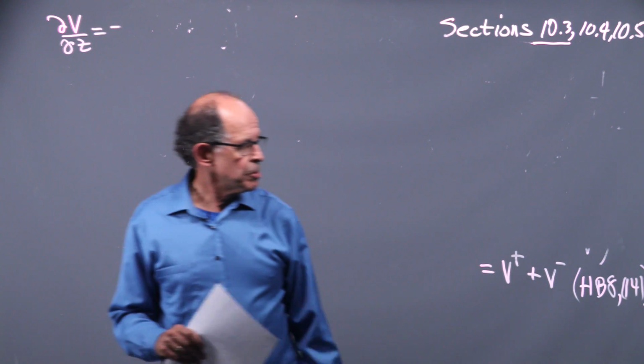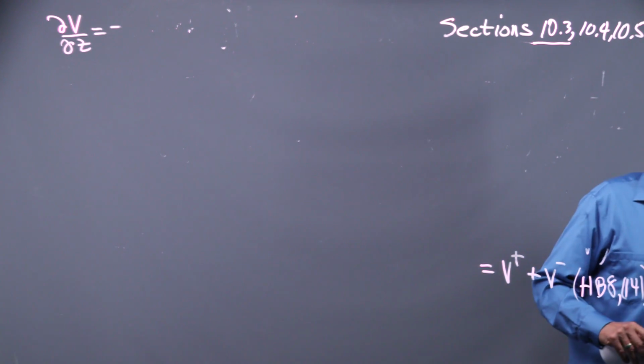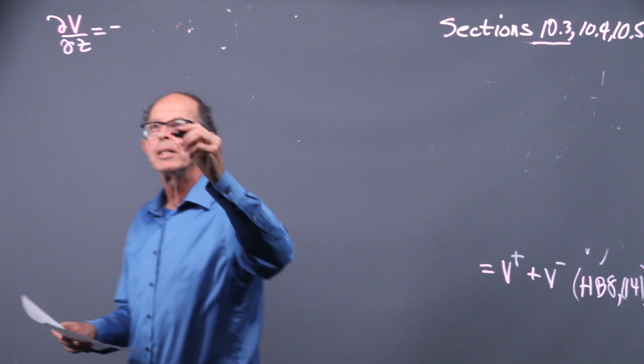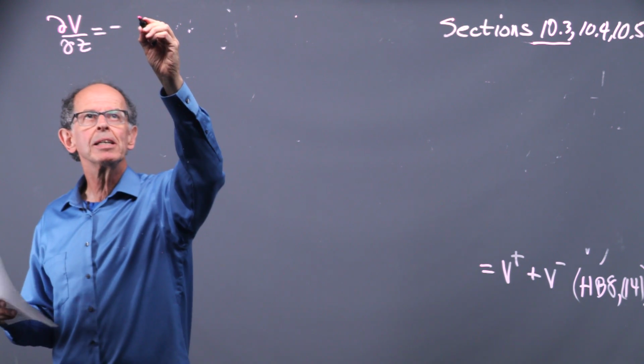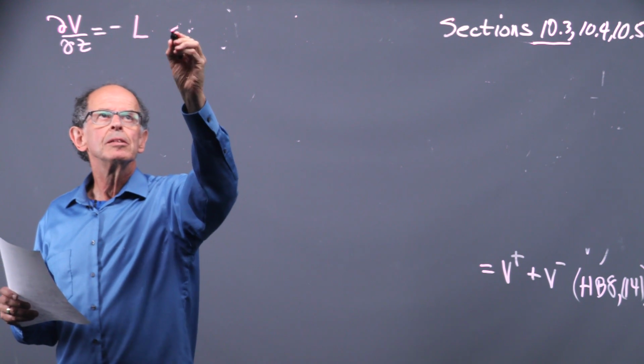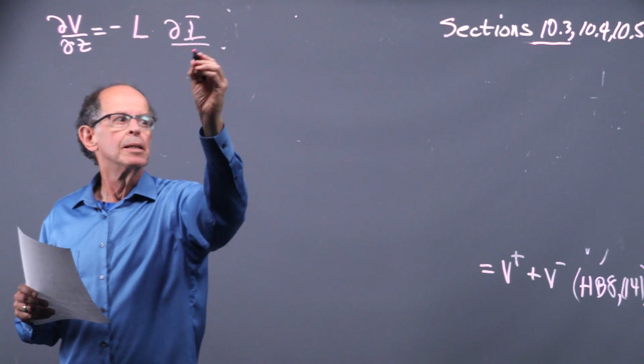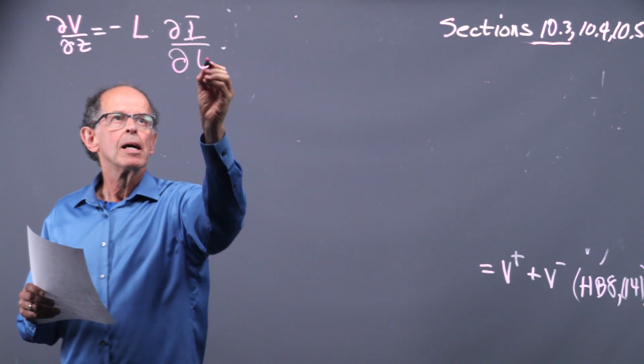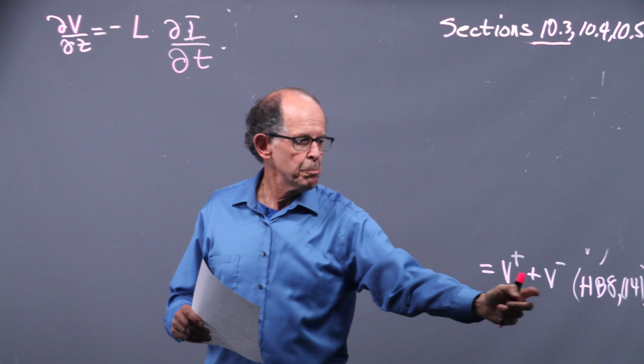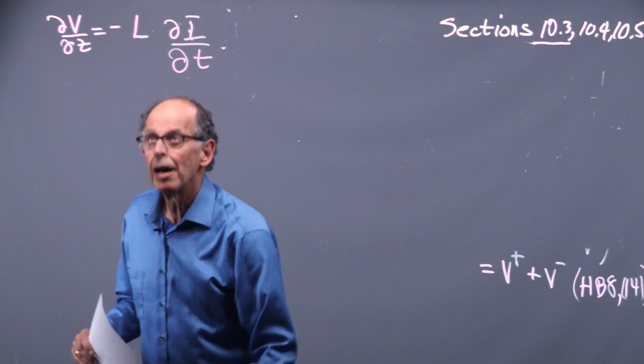In order to do that, we use this equation, dV/dz is minus L dI/dt. And I know we have V plus and V minus as before.